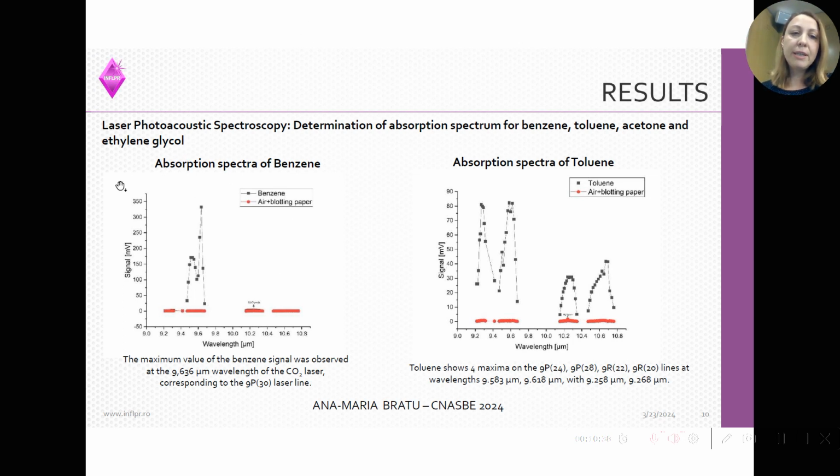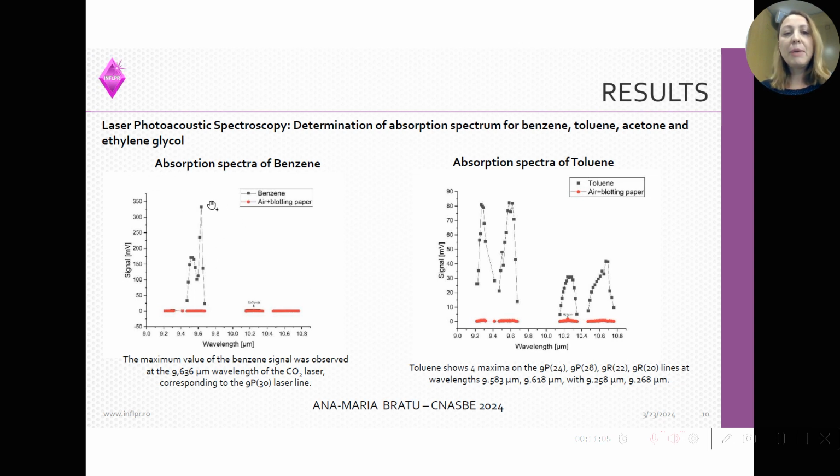Here you can see the absorption spectra of benzene, which presents maximum absorption at the line 9P30 that corresponds to a wavelength of 9.636 micrometers.